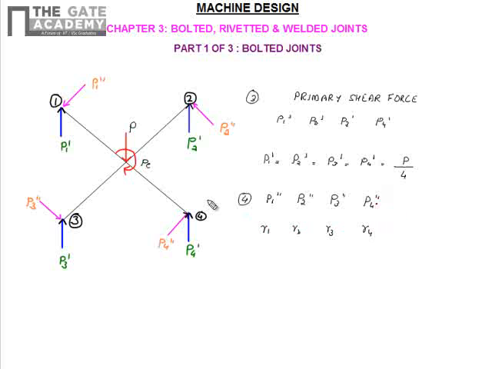In that case, P1 double dash is proportional to R1, P2 double dash is proportional to R2, P3 double dash is proportional to R3 and P4 double dash is proportional to R4. Or we can write P1 equals C times R1, P2 equals C times R2, P3 equals C times R3 and P4 equals C times R4.